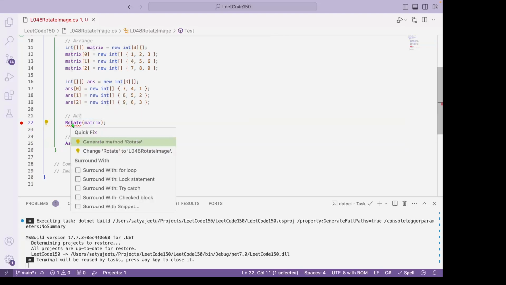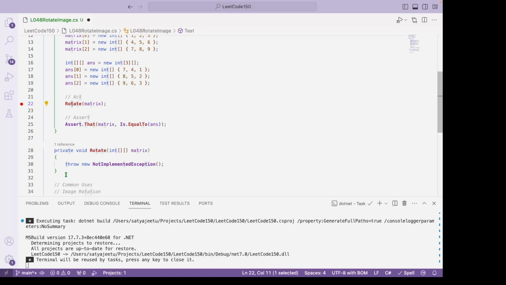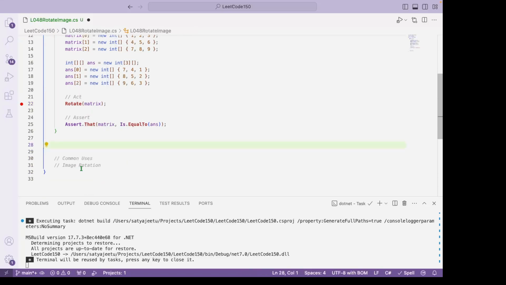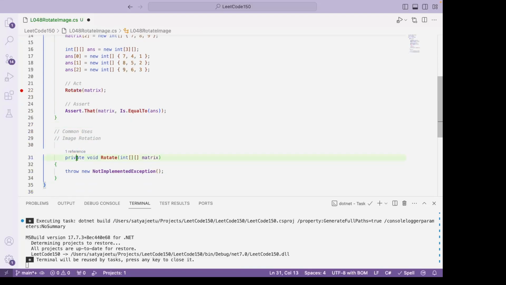So let's try to flesh out the whole problem. We have a method called rotate. Let's cut it out and paste it somewhere here, and let's make this public, because in LeetCode it's also written as public.